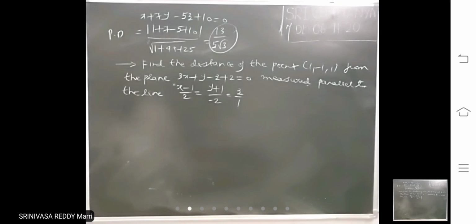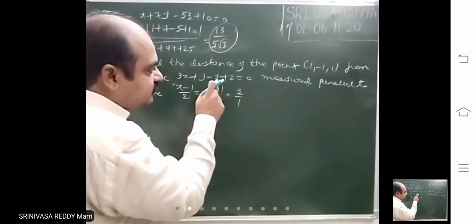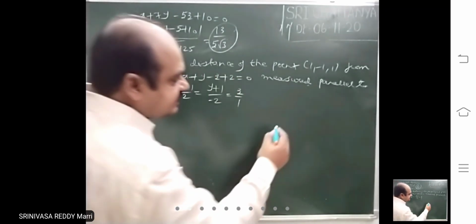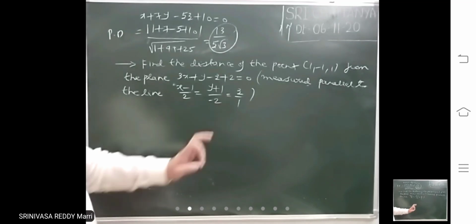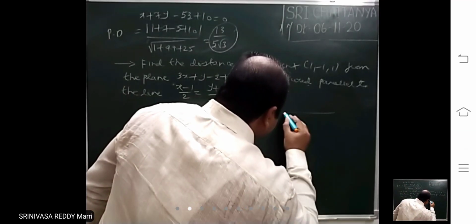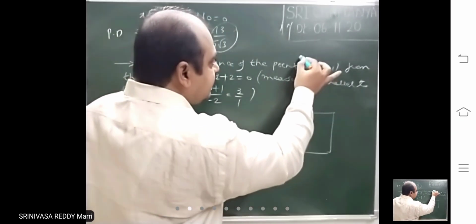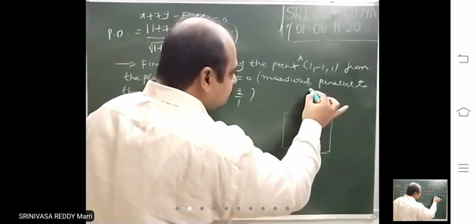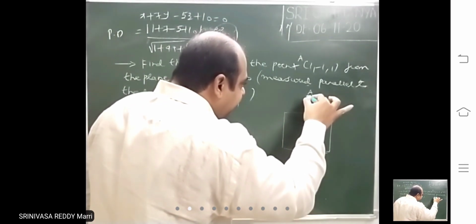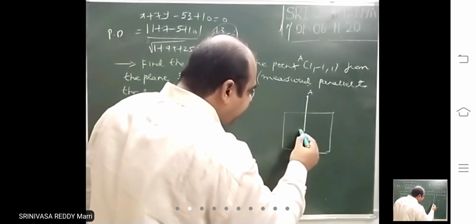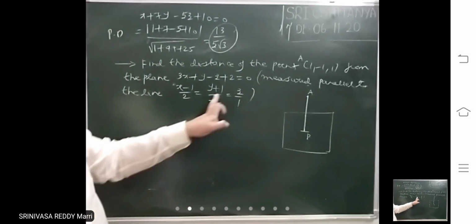Look at here. What is the meaning? Suppose the distance of a point to the plane is asked, then we write the perpendicular distance. Suppose nothing else is given. That means perpendicular distance. This point, let us say A. Drop a perpendicular and then this AP is the distance, if nothing is given.